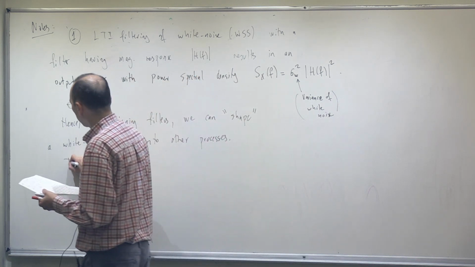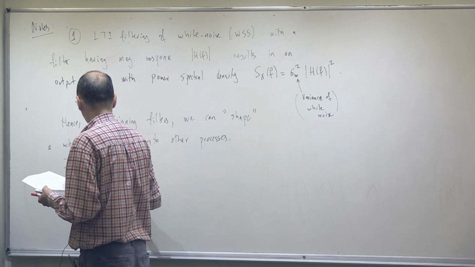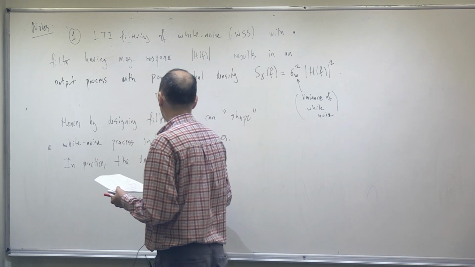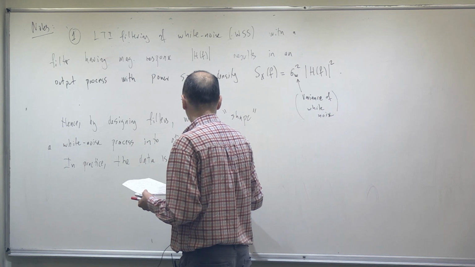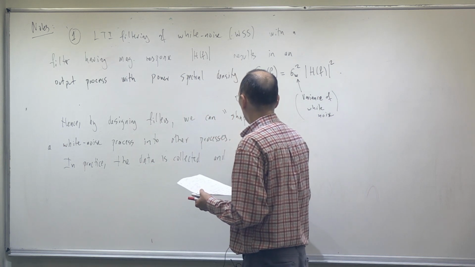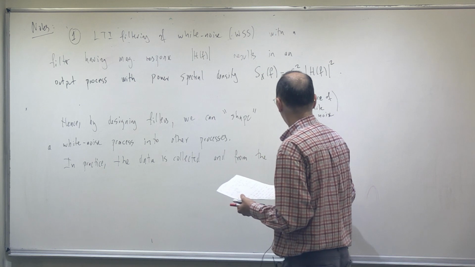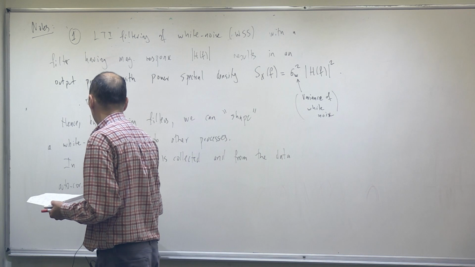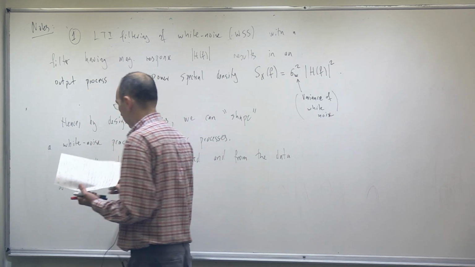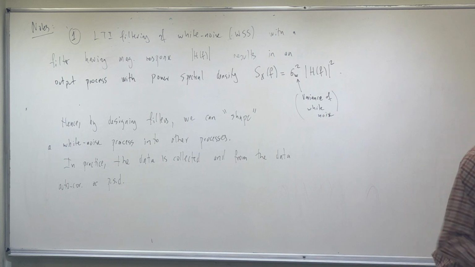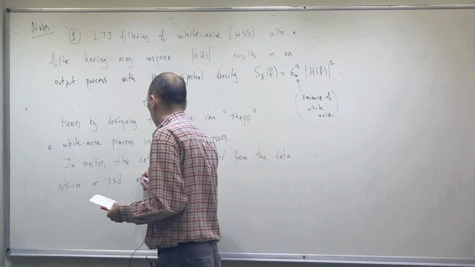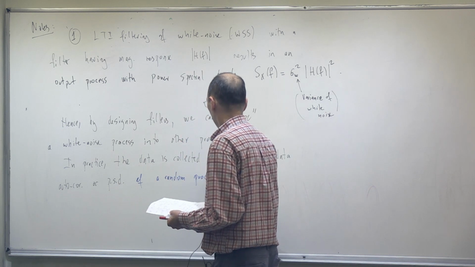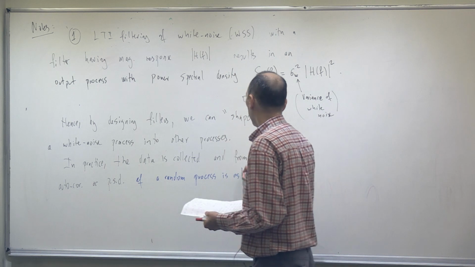In practice, the data is collected, and from the data, the autocorrelation or power spectral density, let me use blue color, of a random process is estimated.